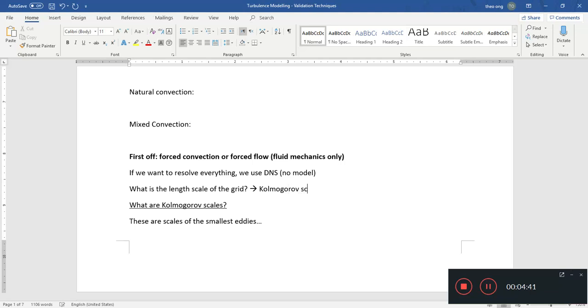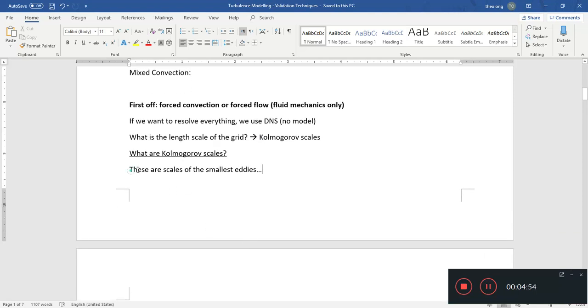Kolmogorov scales are named after the Russian mathematician Kolmogorov, who helped to define the scales of turbulent fluid simulation. The physical meaning is that these are the scales of the smallest eddies.